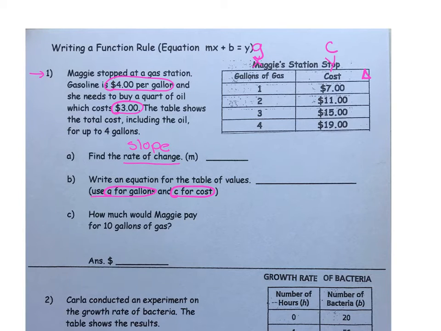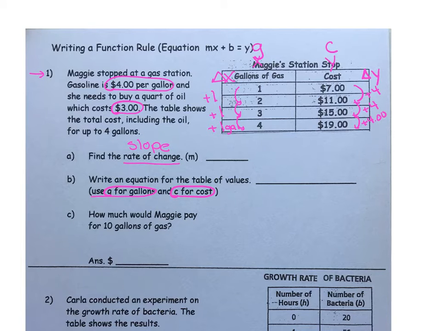As you set up your delta y and delta x, let's examine how each of those are changing. Your delta y in each case grows by $4, and your delta x, well, that grows by 1 each and every time, but within the context of this story, it means 1 gallon.